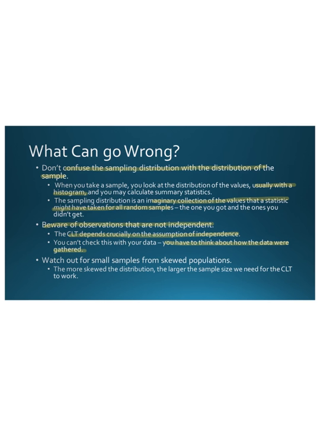In the table of random digits example, people were assigned a number line randomly, and then we went from there. Watch out for small samples from skewed populations. Remember, the more skewed the distribution, the larger the sample size necessary for the CLT to work.